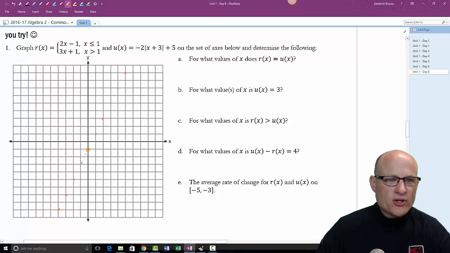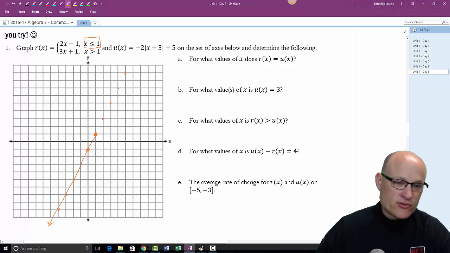I only want the points where x is less than or equal to 1. So where x is equal to positive 1 is a solid circle, and we go in this direction. I don't actually need these points, but I put them on there just to see.